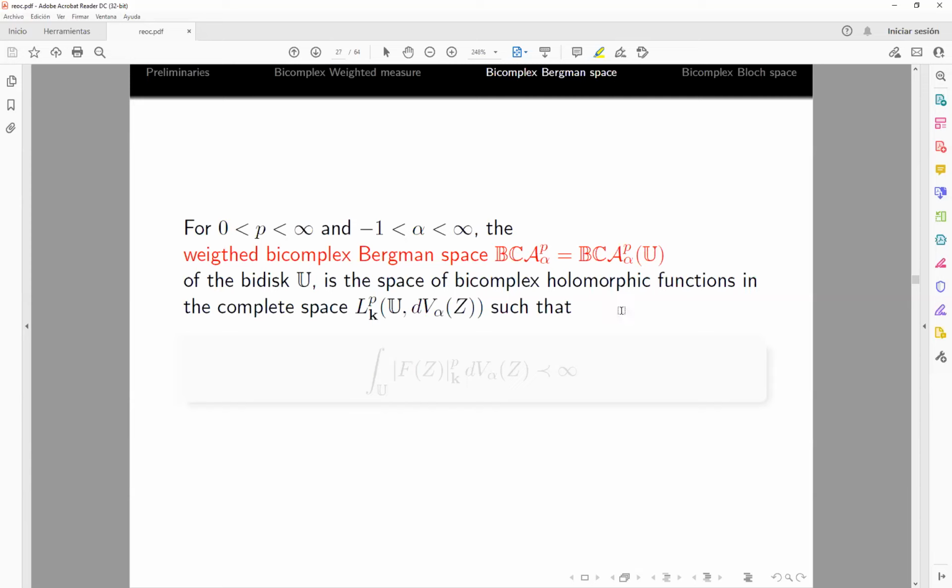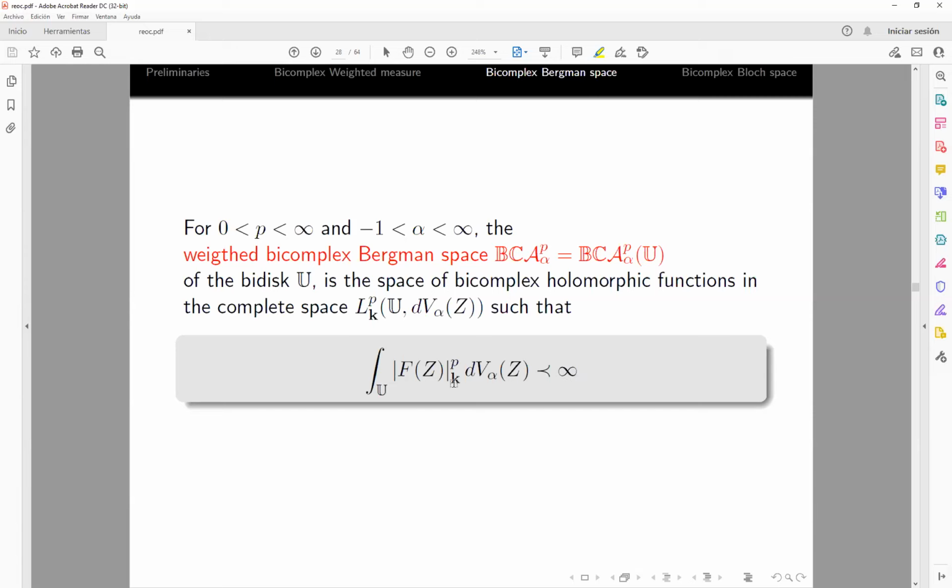We denote here the bicomplex Bergman space, weighted by alpha, in the B-disk, and it consists of the bicomplex holomorphic functions in the complex space LP with this measure defined in the B-disk, such that we have this integral less than infinity.